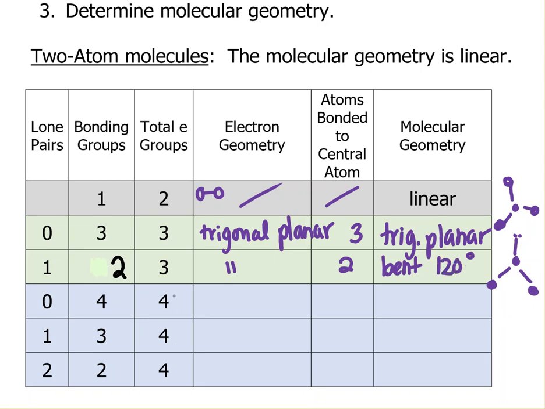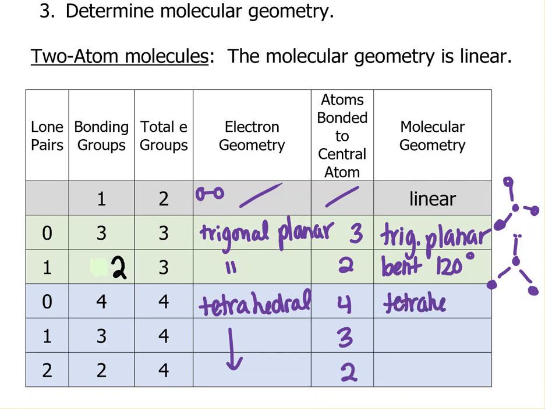And then on these with 4 electron groups, these are all going to be tetrahedral for their electron geometry. And then on this, 4 bonding groups will have 4 atoms, 3 bonding groups will have 3 atoms, 2 will have 2 atoms, and then we have our molecular geometries.